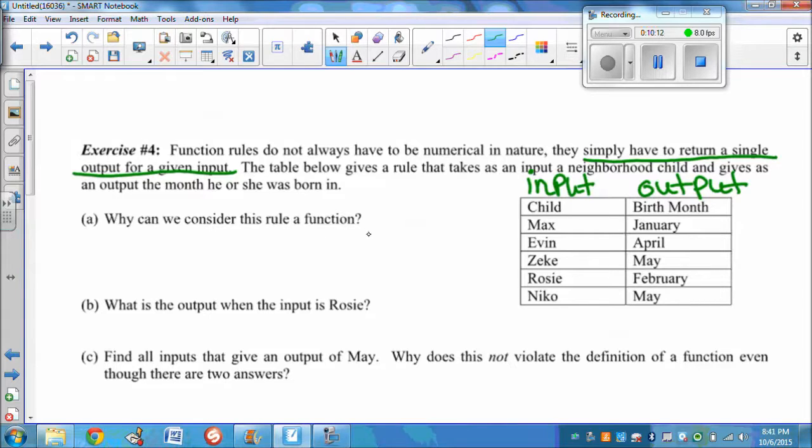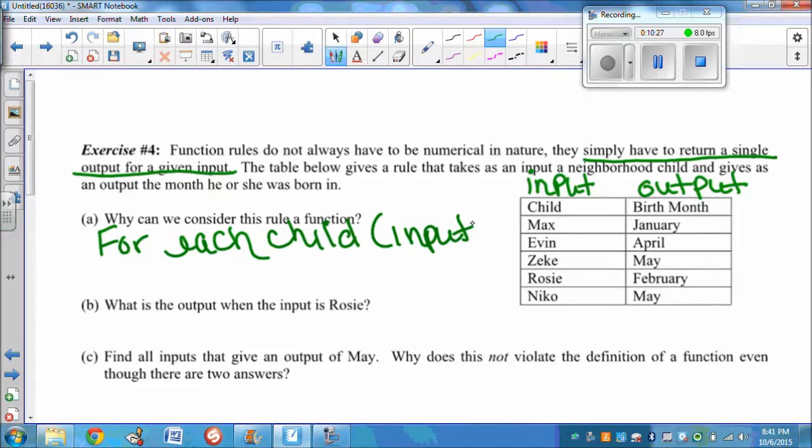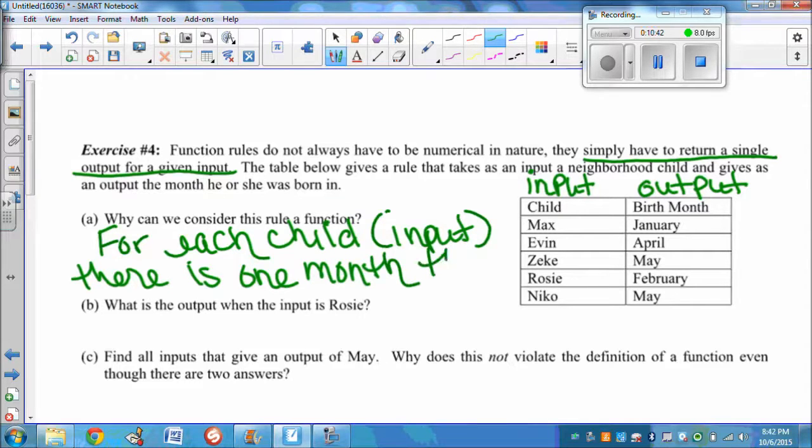It says, why can we consider this rule a function? Well, go back to that definition. Okay, for each child, which is considered our input, there is one month that he or she is born.